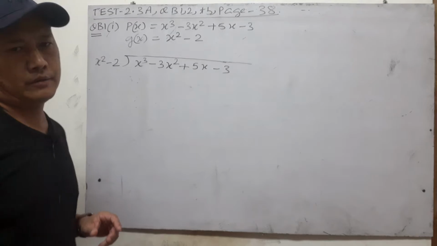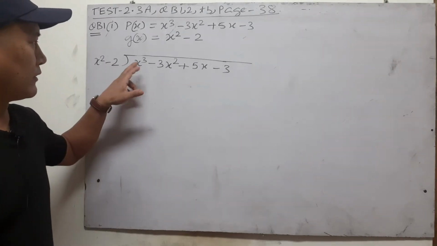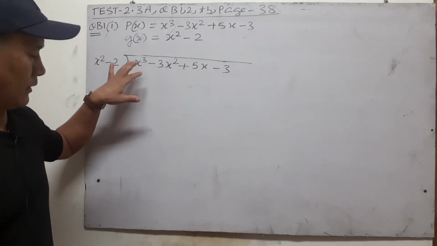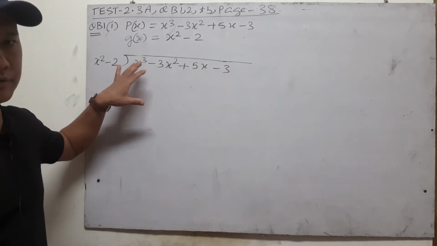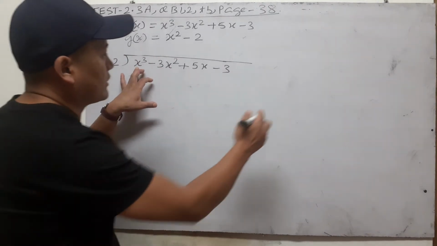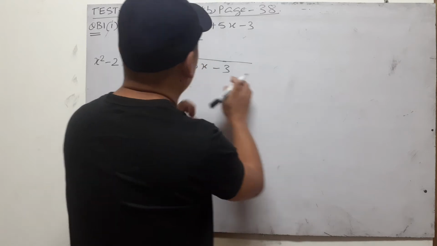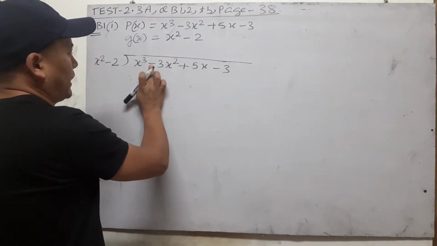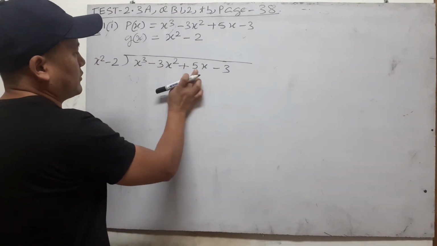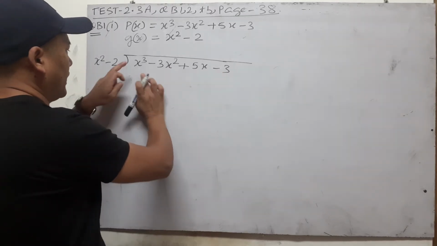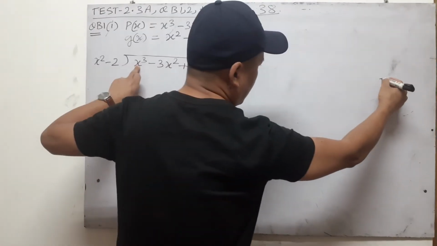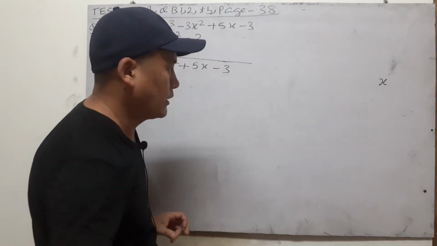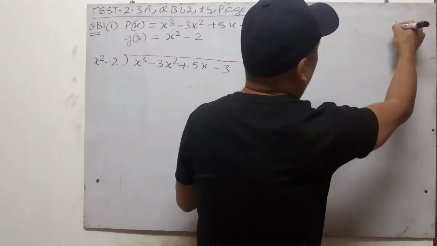The term containing the highest power of x is called the highest degree term. Among these 4 terms, separated by minus or plus signs like this, the highest degree term is the x cubed.